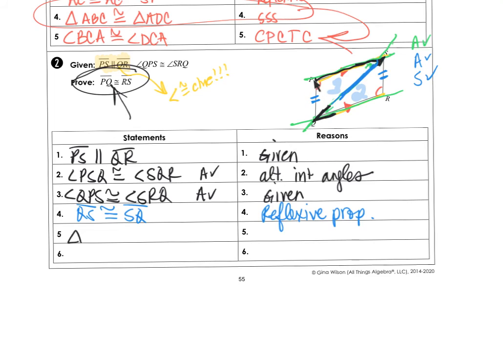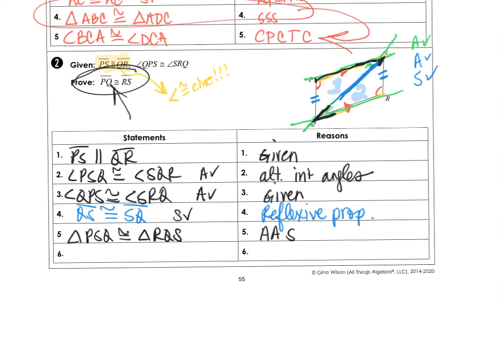If we're going to say PSQ for the first triangle, then we have to say RQS to make sure that the corresponding parts all match. PSQ, RQS. And now those are congruent.